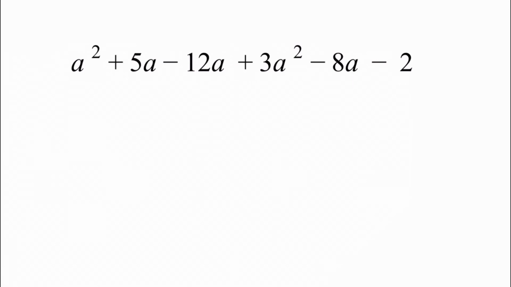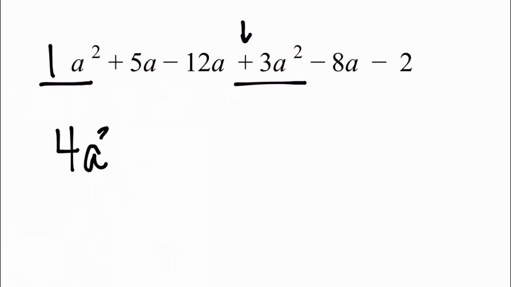Okay, so now that you got a chance to work that out, let's take a look at how to solve it. So we're looking for the ones that have the square. So a squared and a squared. So that has a plus in front of it. So this is 1 plus 3. That's 4a squared. So far, so good.